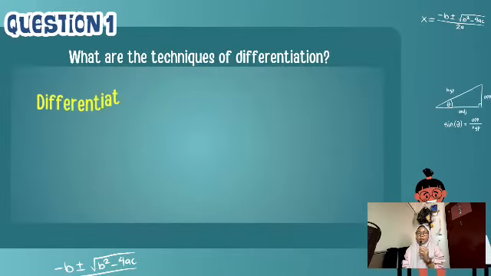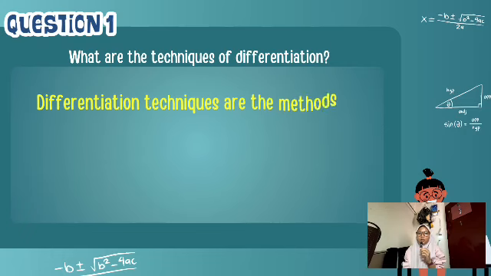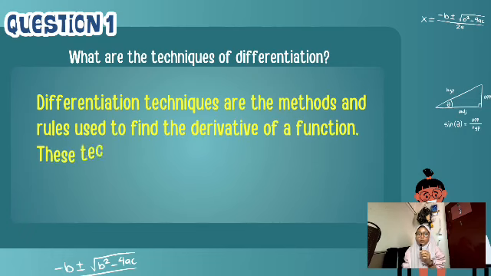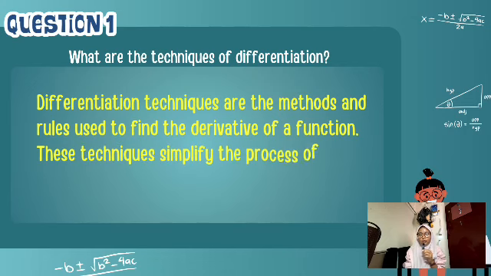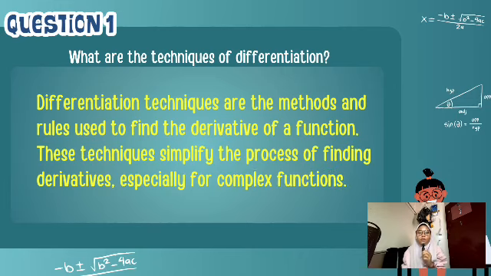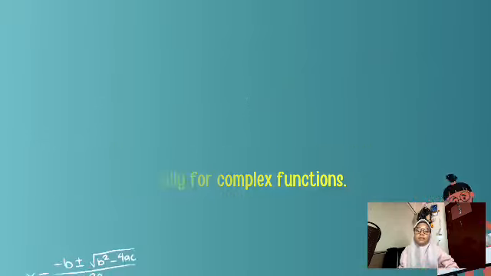So, what are the techniques of differentiation? Differentiation techniques are the methods and rules used to find the derivative of a function. These techniques simplify the process of finding derivatives, especially for complex functions.